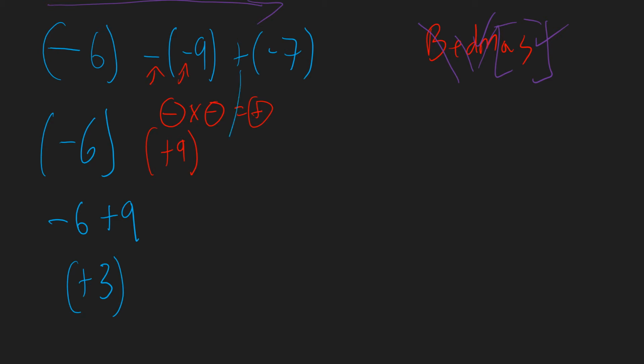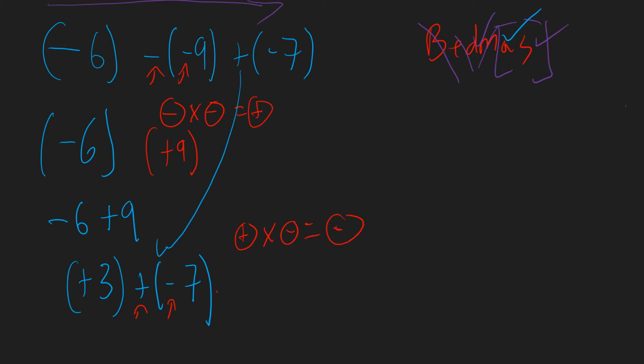Now that we've got that, we're going to drop down this plus a negative 7. Okay, we can do the addition now. When we look at this, the same sign rule applies again. We have a positive and a negative, and we know that a positive times a negative is going to leave us with different signs, a negative.